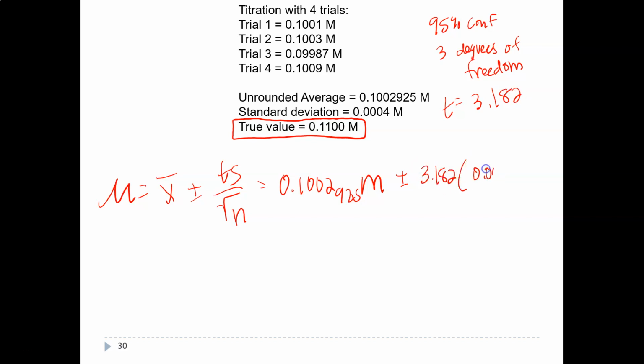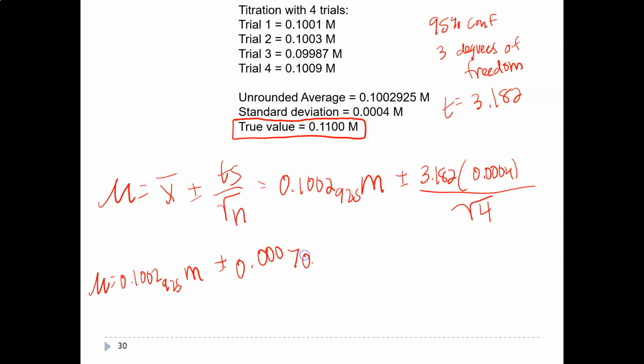S is 0.0004, and the square root of 4 down here. So it was 0.1002925 molarity, plus or minus 0.0007027 molarity.